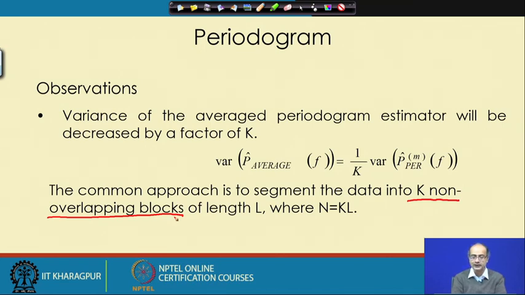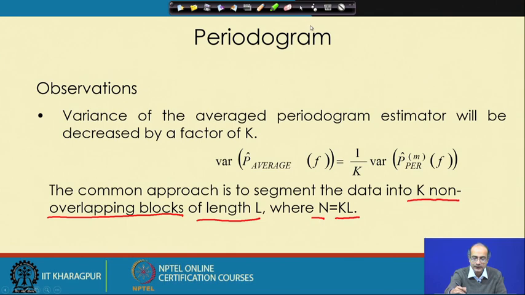So, we are taking k non-overlapping blocks of length L. So, the total data n is equal to k into L. That means we are utilizing all the data that is given.